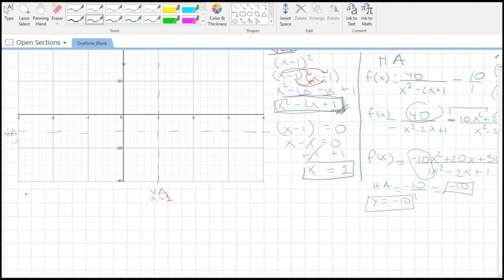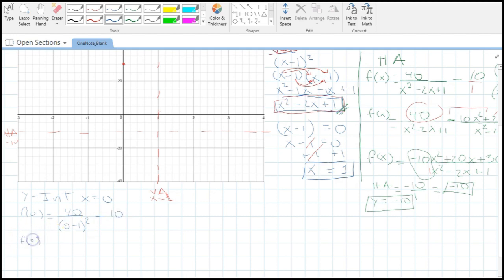Now we're going to find our y-intercept. In order to do that, we need to set x equal to 0. So we're going to write our function of 0. That is going to be 40 over 0 minus 1 raised to the second power, minus 10.